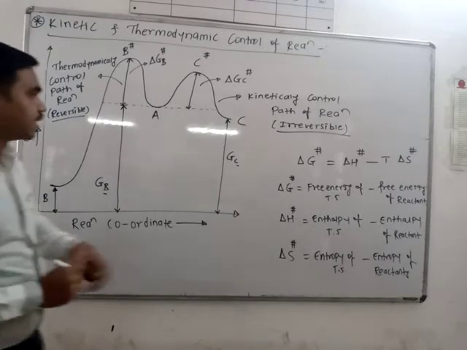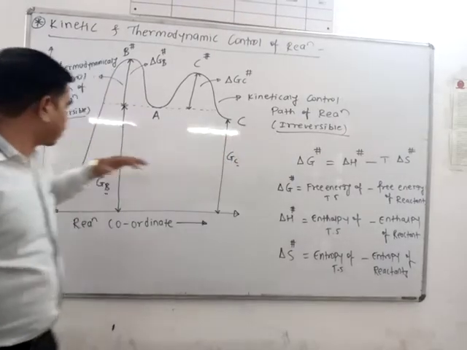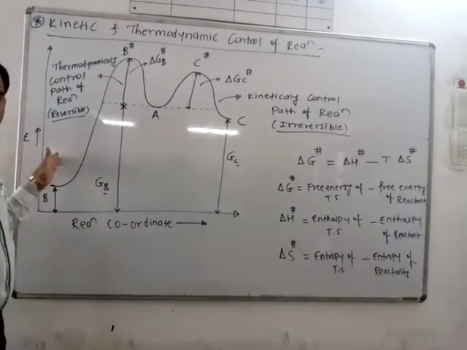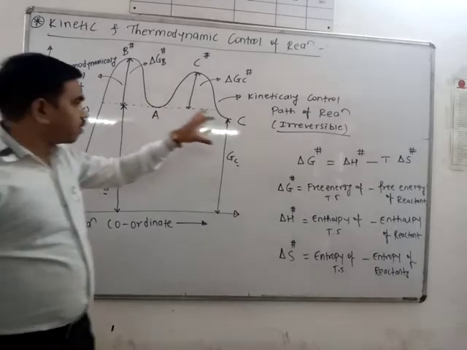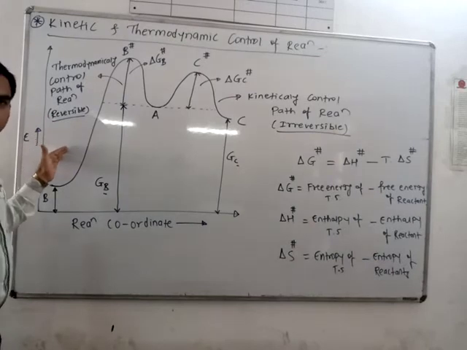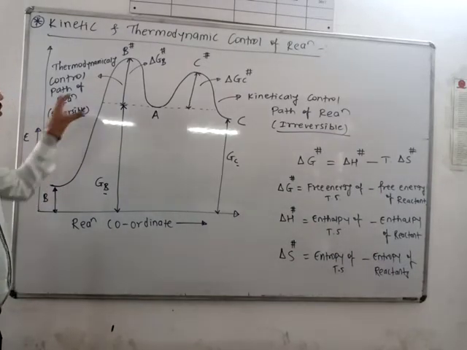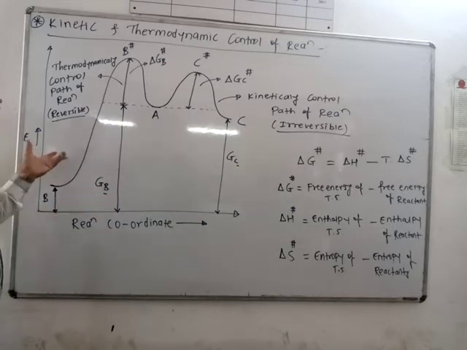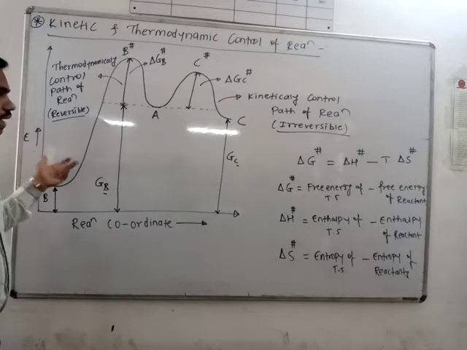This is the kinetically controlled product and the thermodynamically controlled product. This forms faster and this forms a little more slowly, and it is reversible also. So this is how we can say kinetic and thermodynamic control of a reaction.